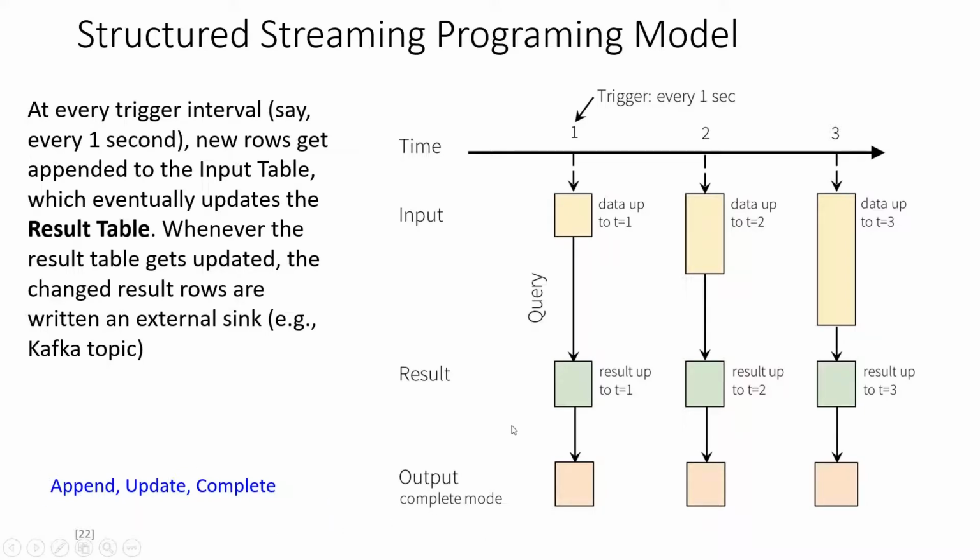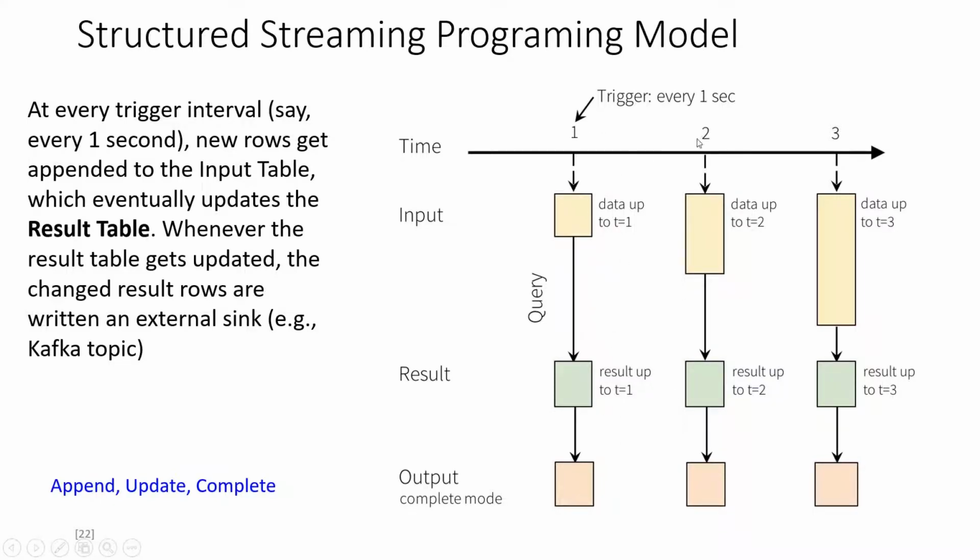In complete mode, at each trigger interval, all the results will be returned to the output sink. With append mode, only the new records are returned to the sink. Update mode only writes the rows that were changed. Those rows can be new rows as well as updated rows.